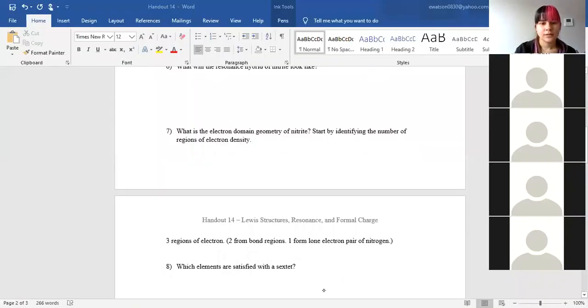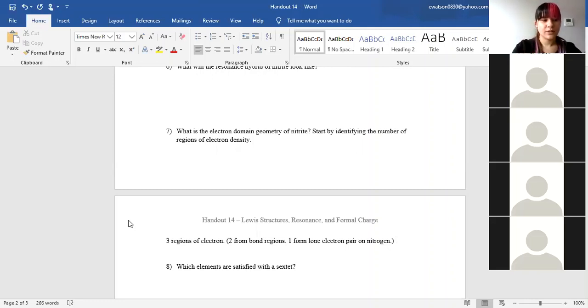Okay. So we have 3 regions of electron density. So what is our electron domain geometry? Would it be bent? You are not wrong, because that's your molecular geometry.